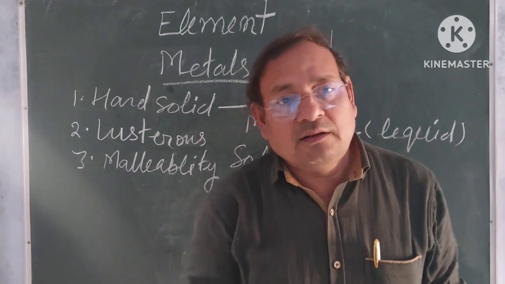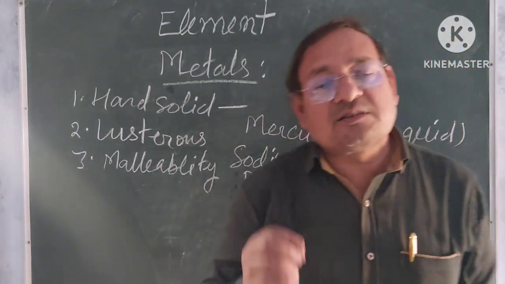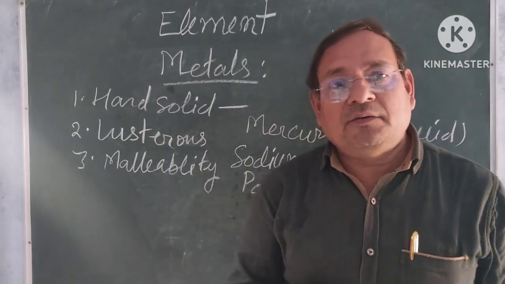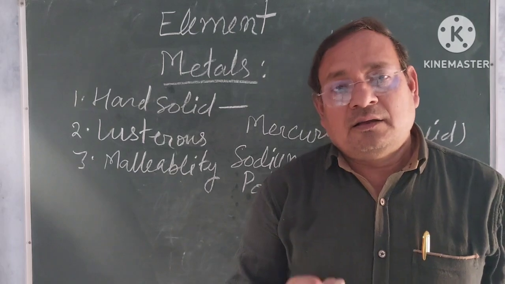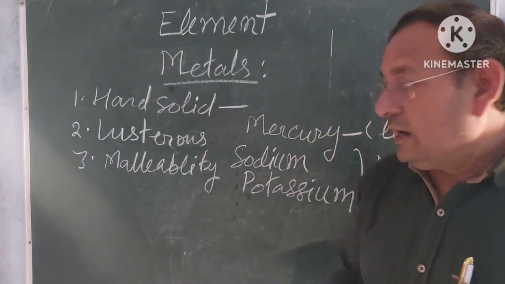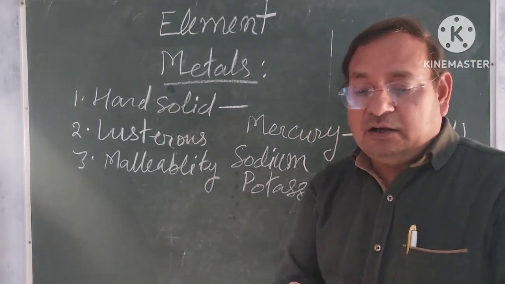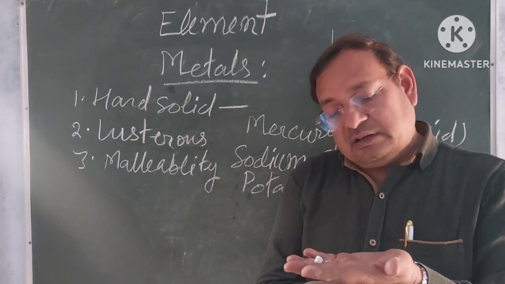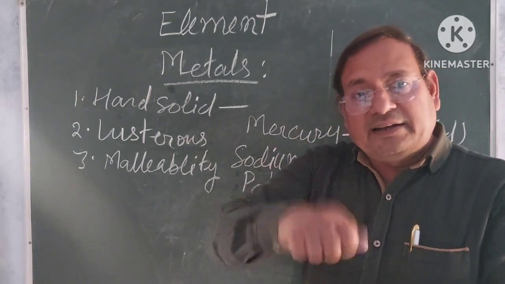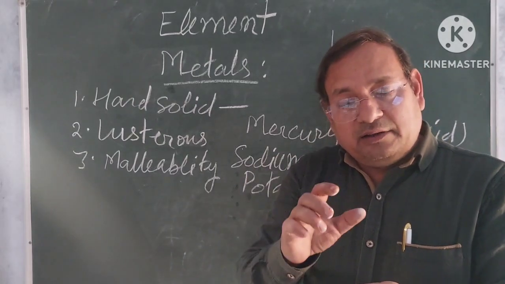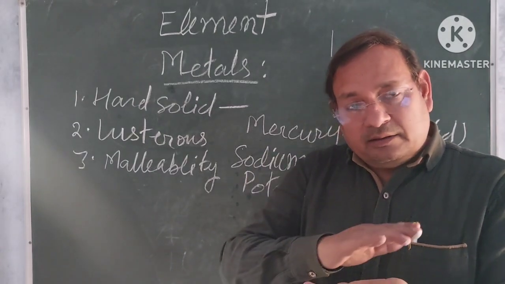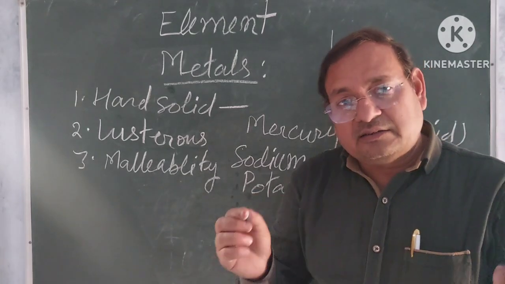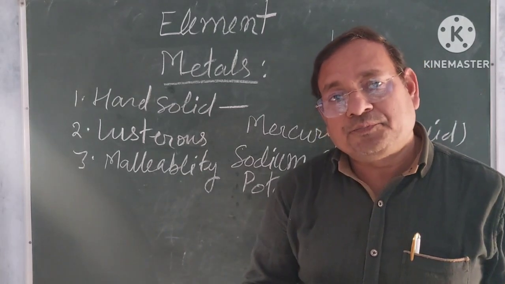You have seen at the shop of a blacksmith, spreading the metals. The blacksmith keeps the metal on a hard substance and hammers again and again. You have seen metals spread as a thin sheet, just like paper.